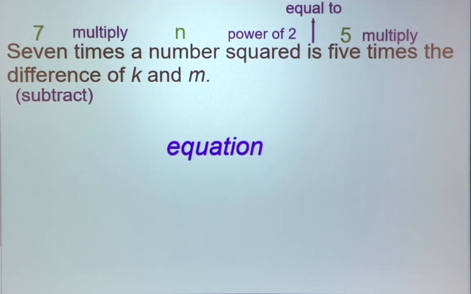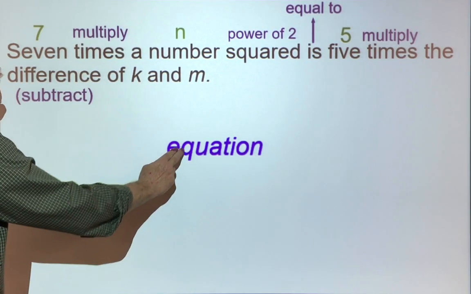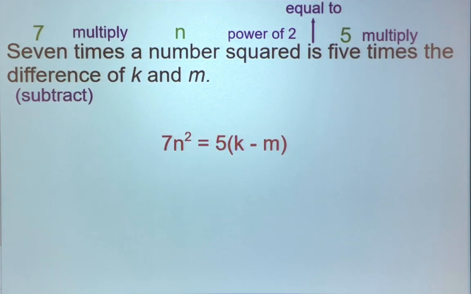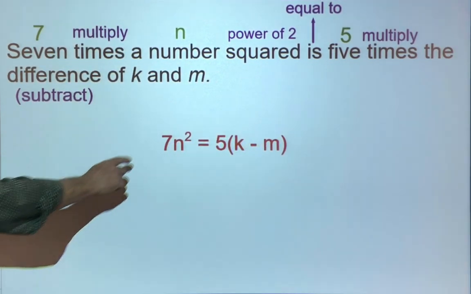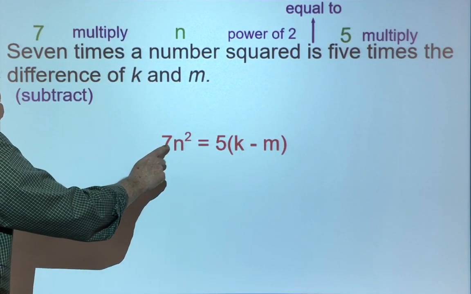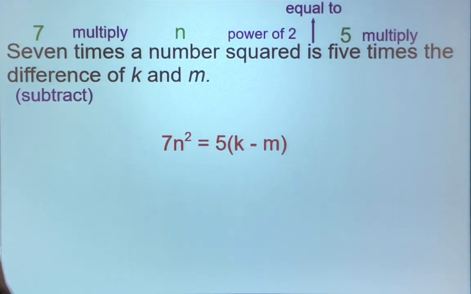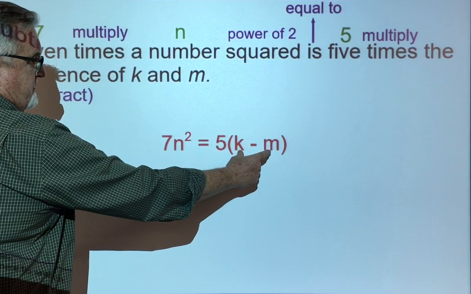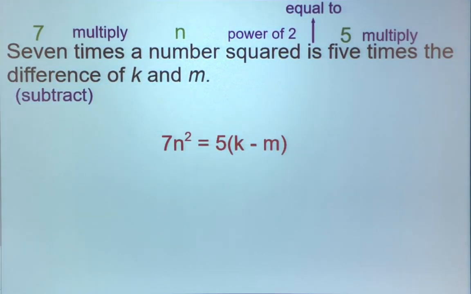That means the difference of k and m needs to be in parentheses. So let's take a look and see what that might look like. We've got 7 multiply times a number squared, so we've got 7n squared, is equal to 5 times the difference of k and m. So it's k minus m.